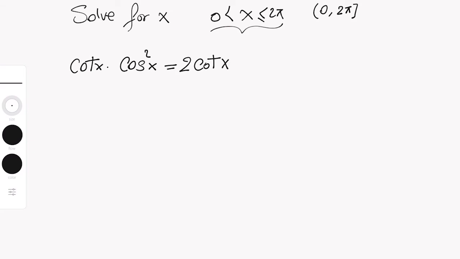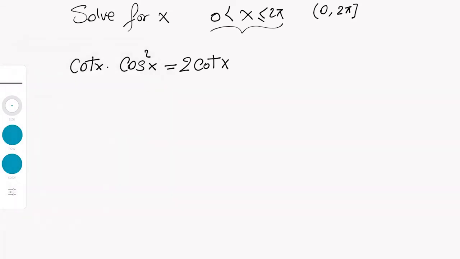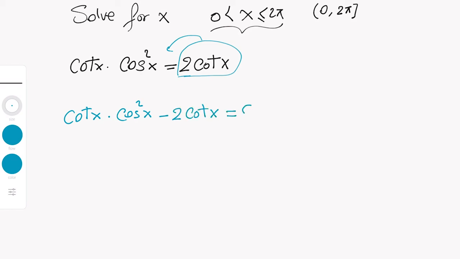So for questions like this, we would like to bring everything to one side. I'm going to subtract and move this to the other side. So I'm going to get cotangent of x times cosine square of x minus 2 cotangent of x equal to 0. We have cotangent and we have cotangent here. I will factor it.